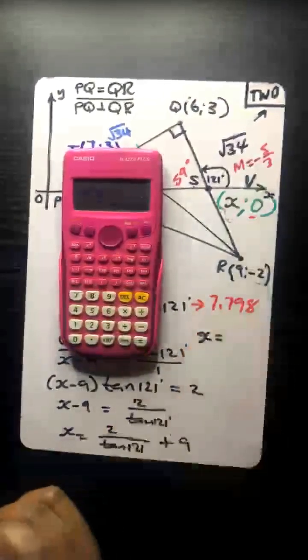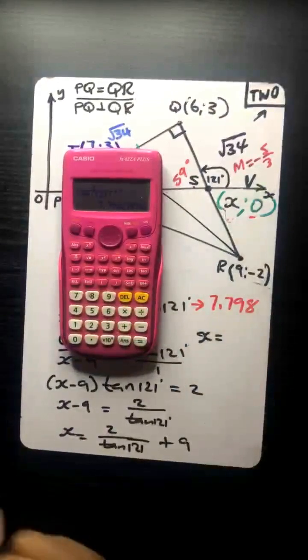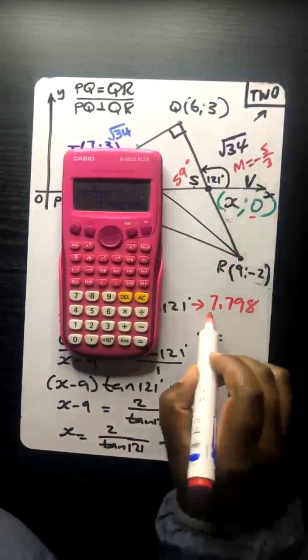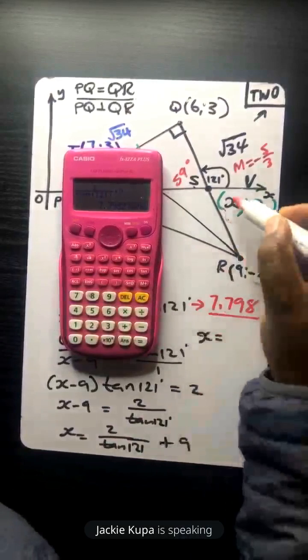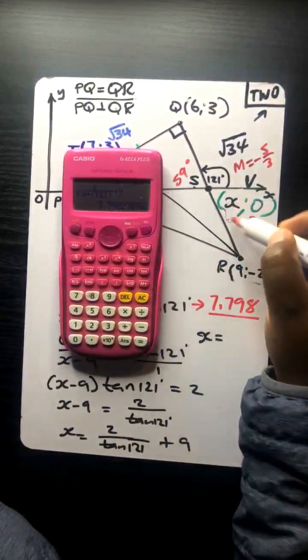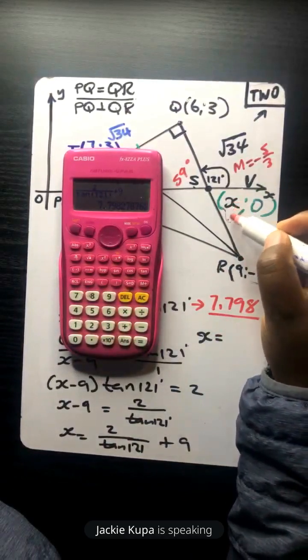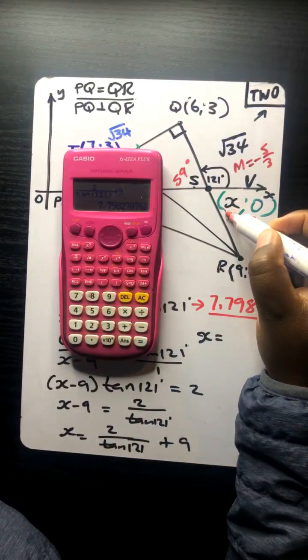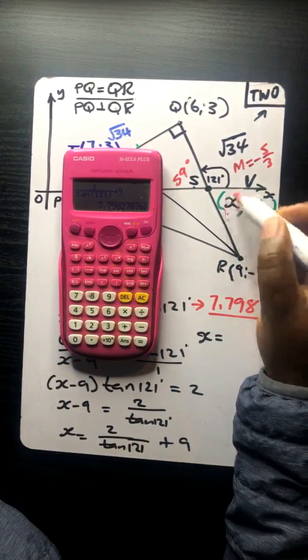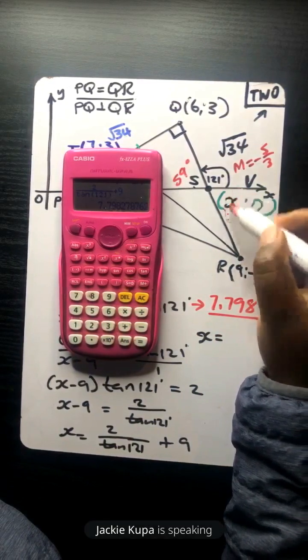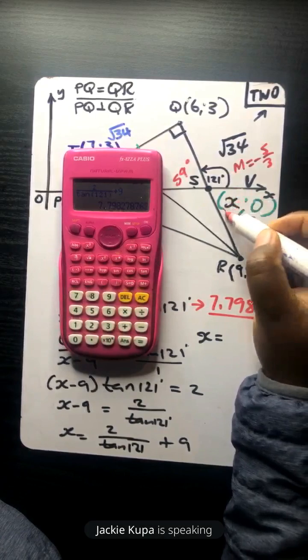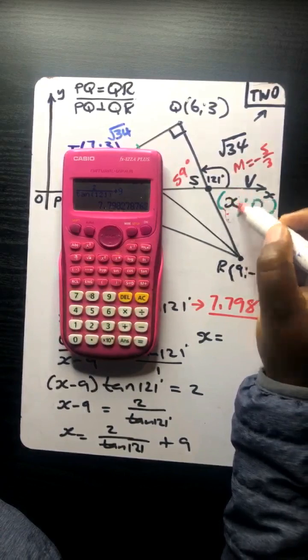Let's see. So that means when we write the answer that we got as a decimal, let's compare it with this one. What was that answer we got there? It's 7.8. But what about this one? Yeah, it was 7.8 also. No, as a fraction.